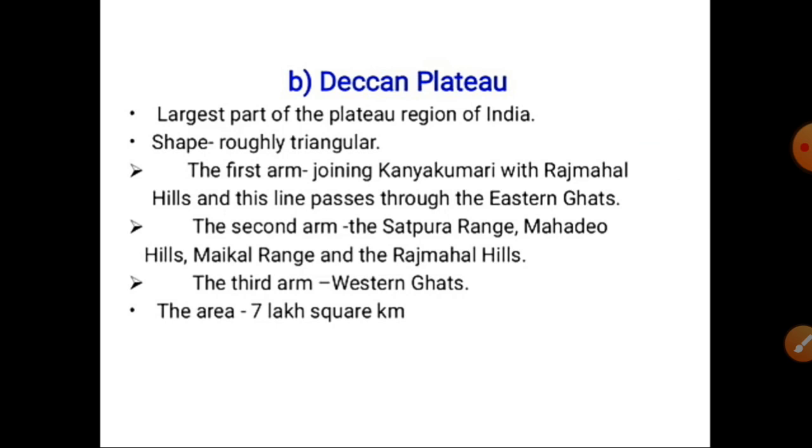The second arm is the Satpura Range, Mahadeo Hills, Maikal Range and the Rajmahal Hills. The third arm passes through the Western Ghats. The area covered by the Deccan Plateau is 7 lakh square kilometers. Students, this is your important 2 mark question. Please note it down.